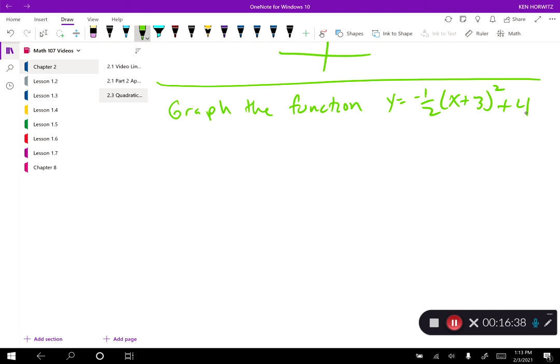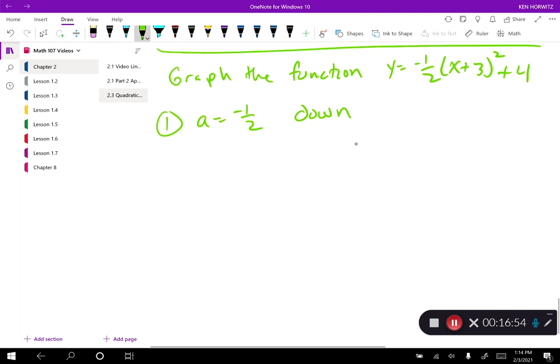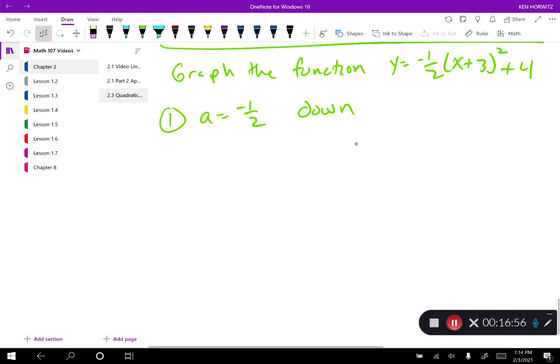So let's run through our steps, right? Step 1, we take a look at A to see if it opens up or down. In this case, A equals negative 1/2, so it opens down. And this again is just to make sure that we are going in the right direction. When we graph, we already know that it should open down.